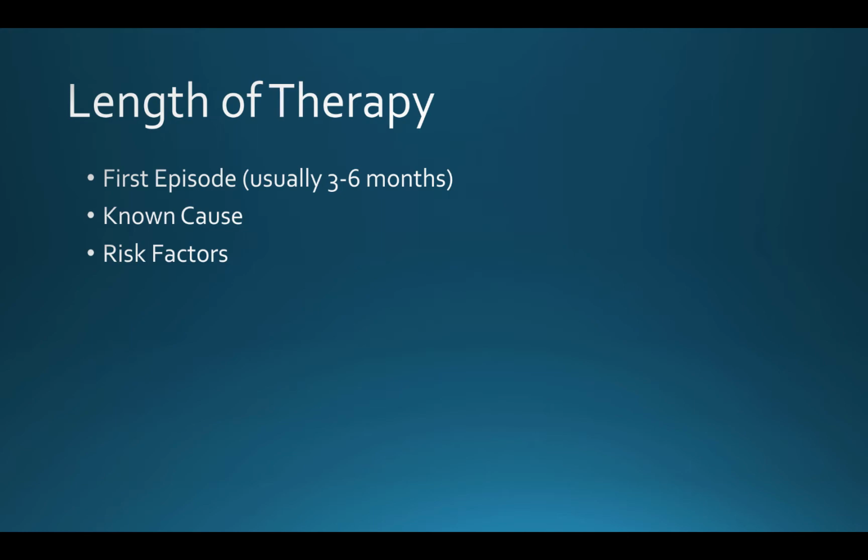If it's a first episode and we've got a known cause and/or there's a risk factor in play that's changeable, so for example, you've got a patient taking birth control, like I mentioned before, and they've just started it maybe 3 months ago, 6 months ago, and now they developed a blood clot, never had any problems in the past, that's probably a well-demonstrated cause that birth control contributed to or caused the DVT.